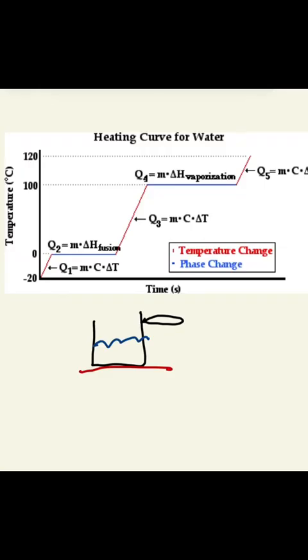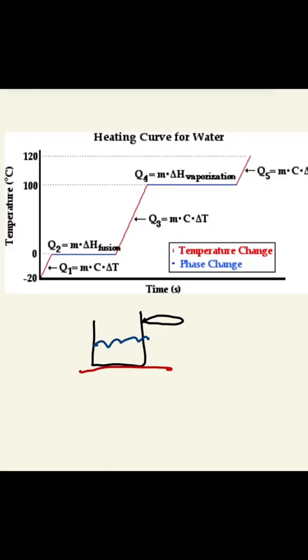The y-axis on this graph represents the temperature, the change in temperature of the water. Let's say that the water starts off frozen, like an ice cube, and then we start to heat it up.